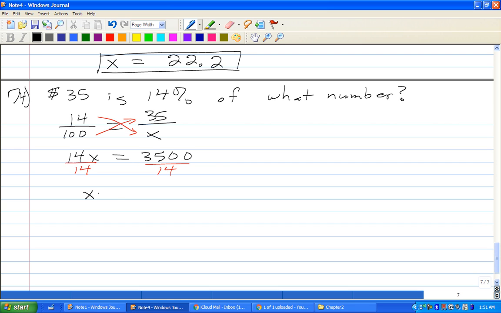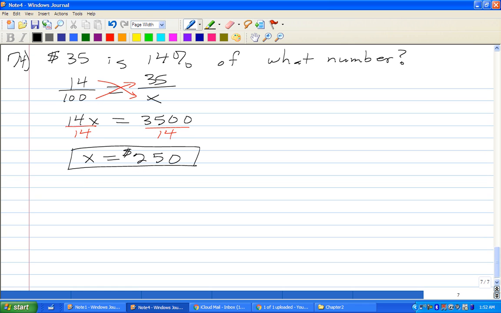And so x is equal to 250. And so $35 is 14% of $250. Let me do problem number 84.